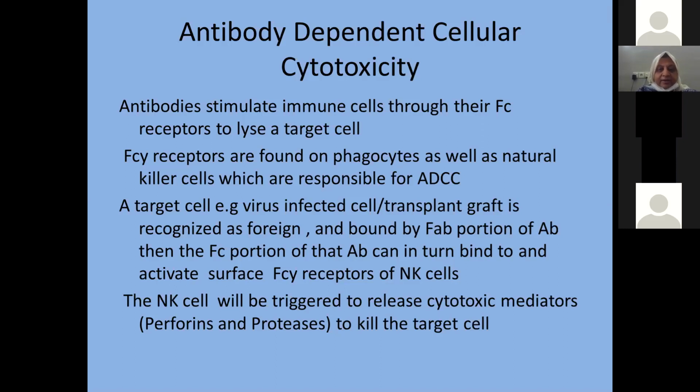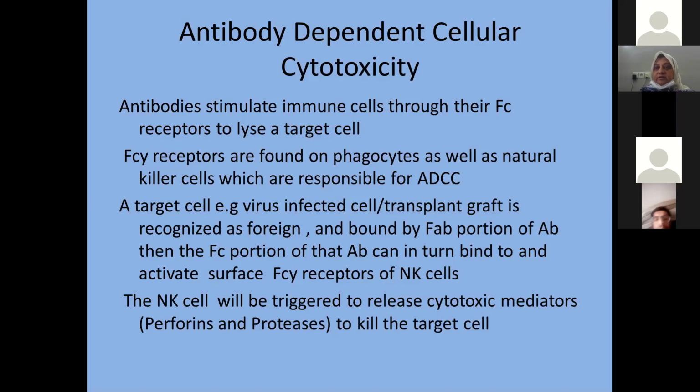And then it activates the surface receptors of natural killer cells, because they also have these receptors on their surface. So the natural killer cell will be triggered to release cytotoxic mediators that act on the target cell through perforins and proteases.